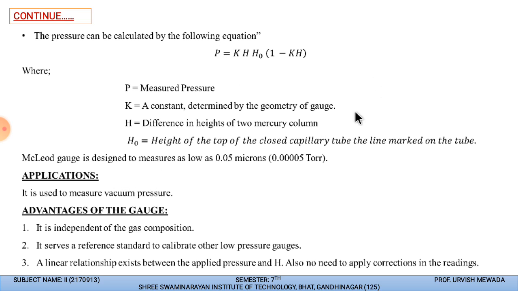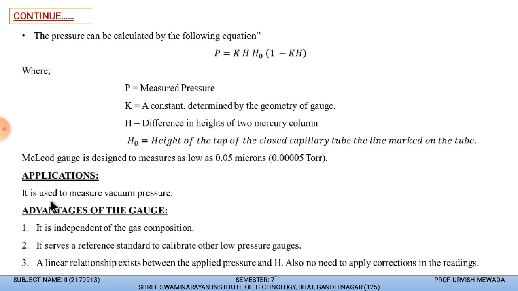Basically, the McLeod gauge is designed to measure as low as 0.05 micron, to 0.00005 torr. So for low pressure measurement, this is one of the suitable gauges. Now let us discuss the applications of this McLeod gauge.